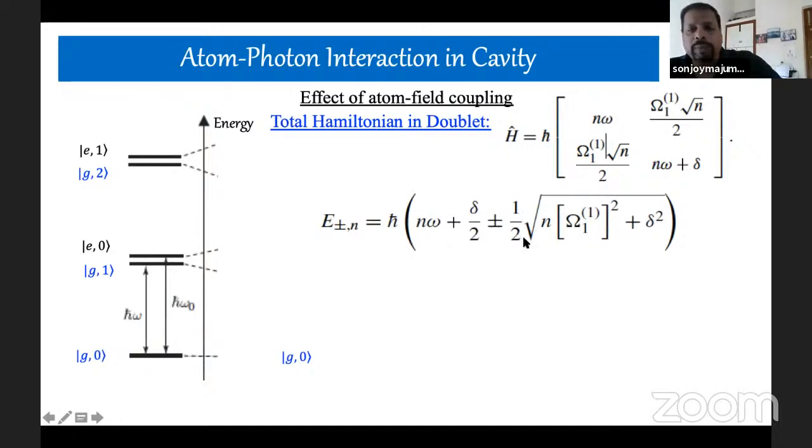There is half the square root of Ω squared plus Δ squared. Ω squared is nothing but the strength of the coupling between these two states, so that is a positive quantity, and Δ squared. It doesn't matter whether I use blue detuned or red detuned, whether Δ is positive or negative, it is Δ squared. So whatever quantity you get is positive definite.